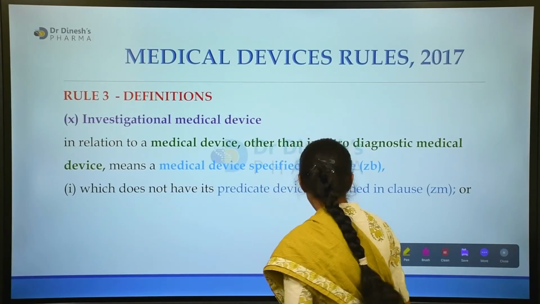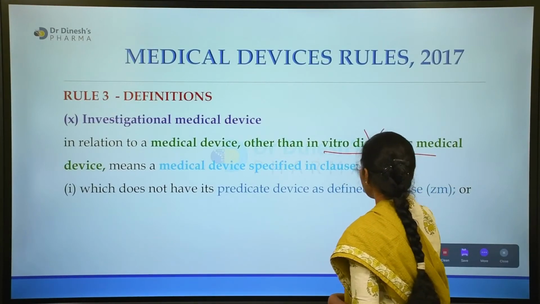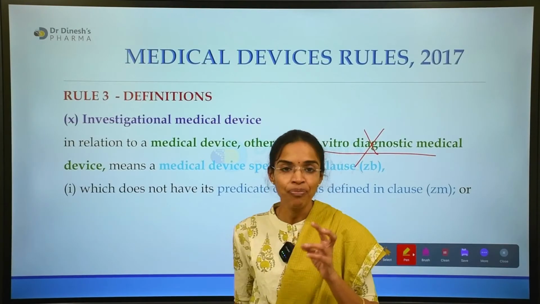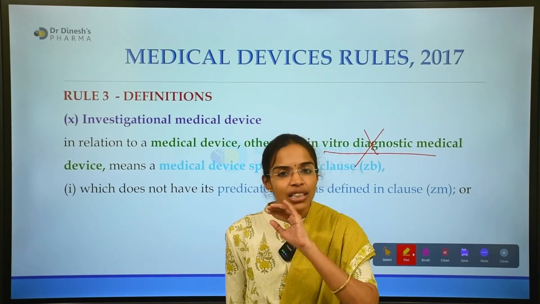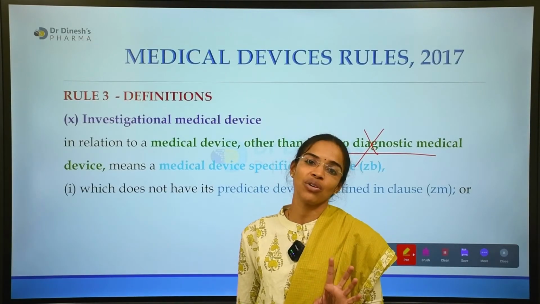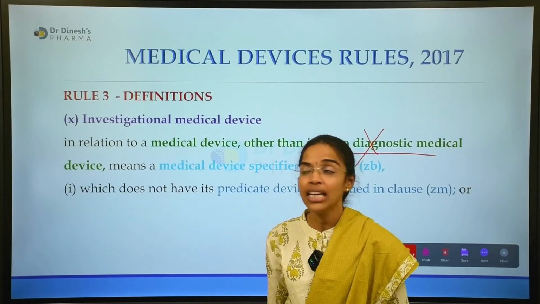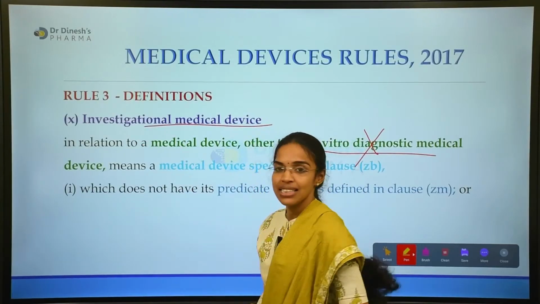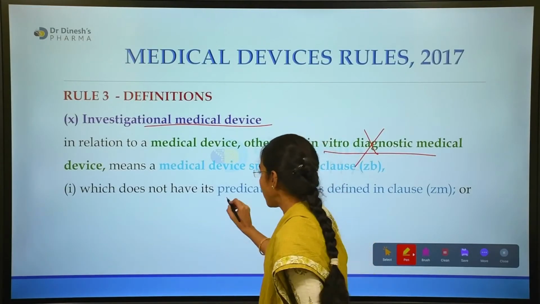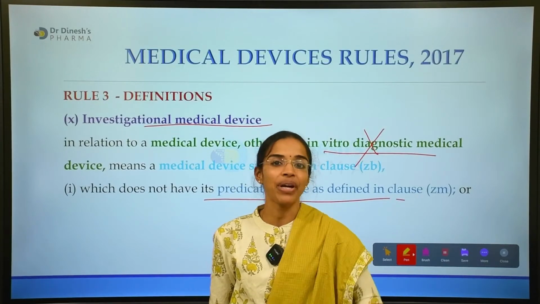But in vitro diagnostic medical devices are not included. This investigational medical device, IMD, does not include an in vitro diagnostic medical device. And very importantly, a medical device can be considered an IMD, falling under 3X, when it does not have a predicate device.